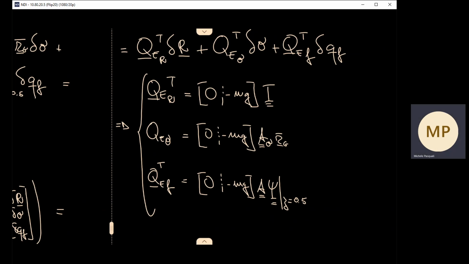We will finish this exercise, calculating these quantities, and then also analyzing the last thing that actually matters, which is the imposition of the constraints. Because with this we are able to write down the equations of motion. We have mass matrix, we have stiffness matrix, we have the forces. The last thing left is the constraints. We will write it and then we're done. Okay, that's it for today.